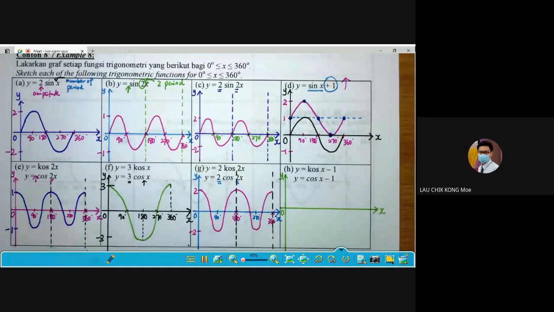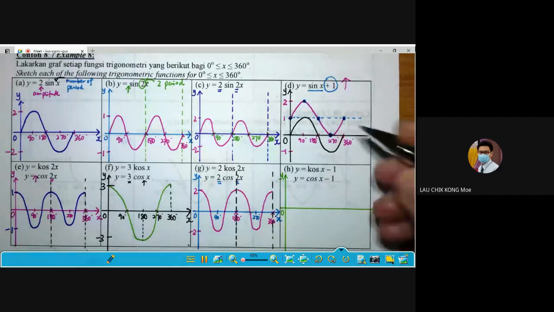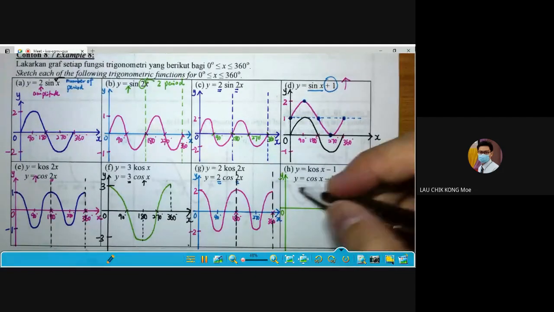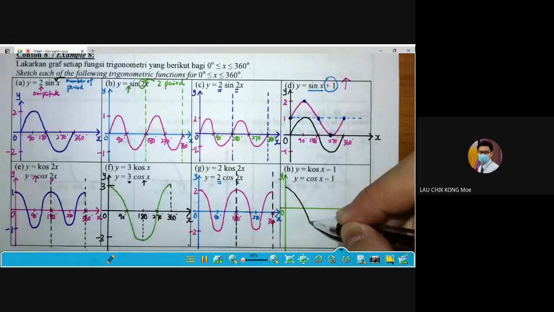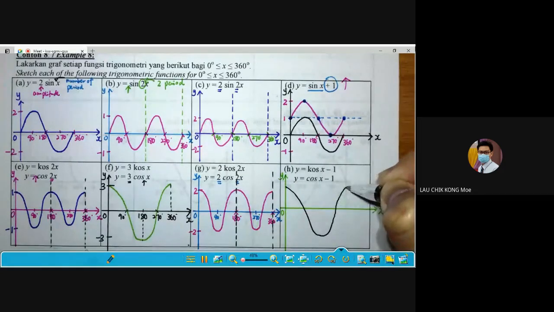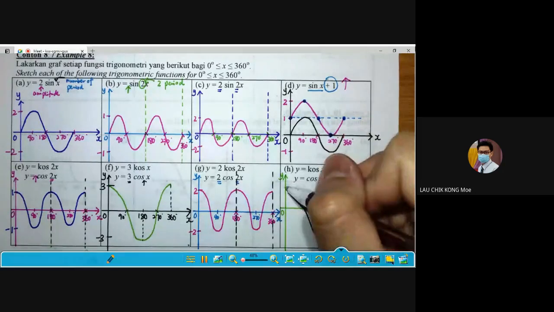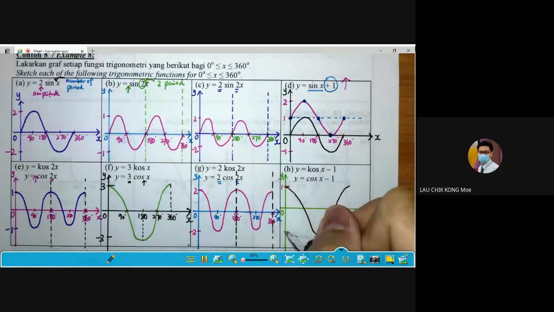Okay, so I try to draw first, the black one, I use a cos X. Cos X is 1 to -1. Okay. The amplitude is 1 to -1.